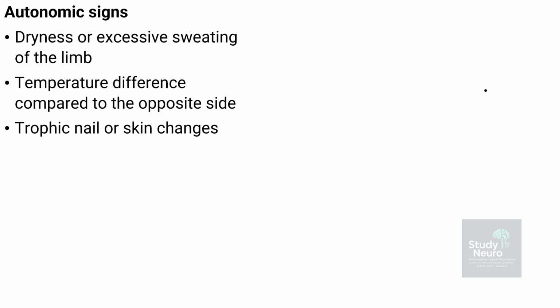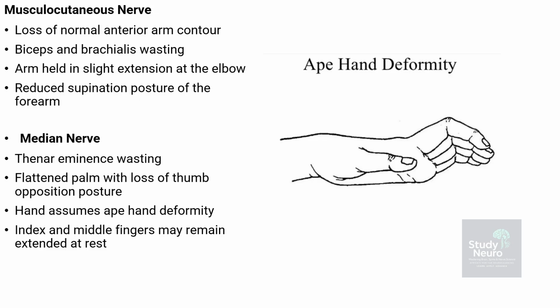When assessing the musculocutaneous nerve, changes in the upper arm are key. You may notice a loss of the normal contour of the anterior arm, with wasting of the biceps and brachialis muscles. This often causes the arm to rest slightly extended at the elbow, and the forearm may show a reduced ability to supinate.